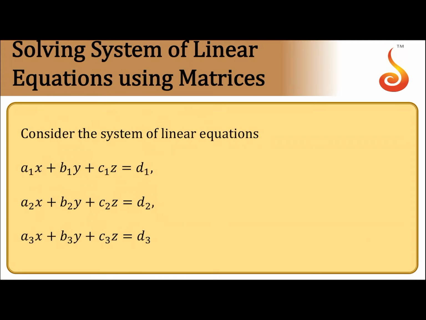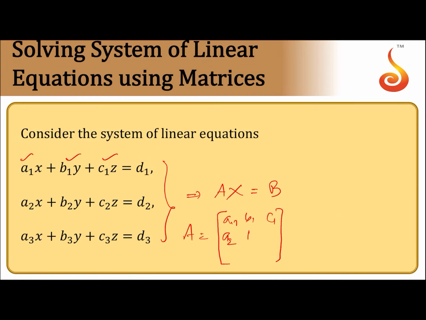In the same way, three equations in three unknowns is of the form a1x plus b1y plus c1z equals d1, etc. This system can also be put in matrix form Ax equals B, where A is the coefficient matrix with the coefficients a1, b1, c1, a2, b2, c2, a3, b3, c3, the unknown matrix is x, y, z, and the B matrix is d1, d2, d3.